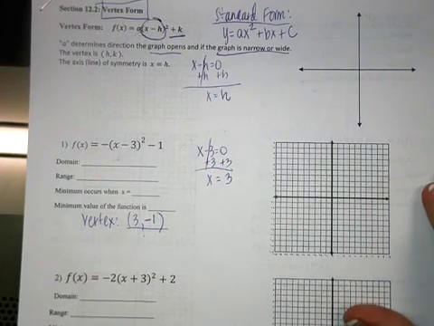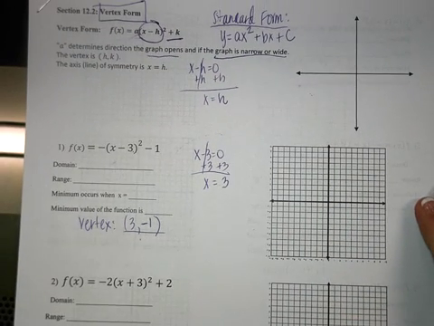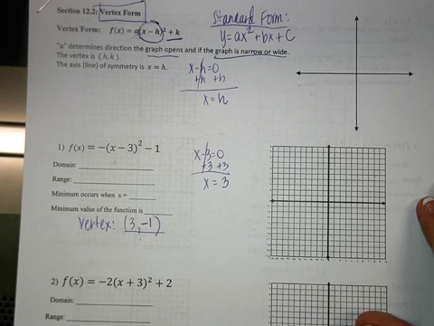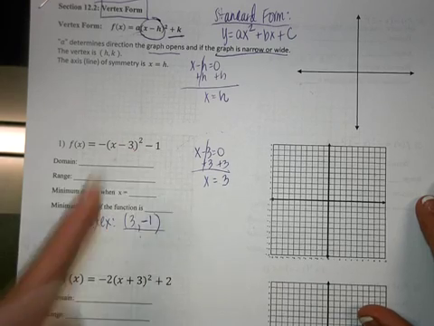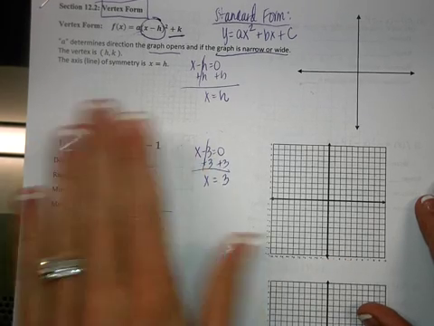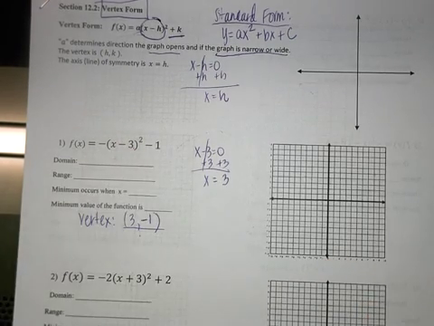So that is my vertex for this first parabola. Are we okay with that so far? Why is it negative 1 again? Because it's minus 1. If it's a plus 1, it'd be a positive 1. The number that changes is the one that's in parentheses. The one at the end, whatever it is, that's your y value.